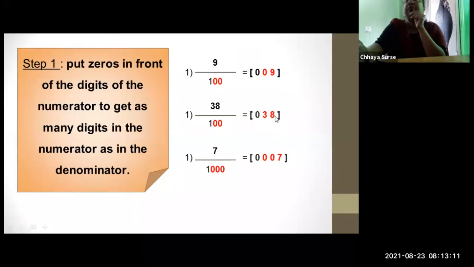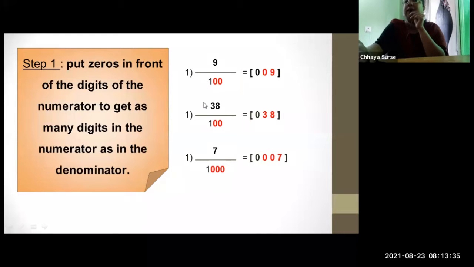Here we want to equal the denominator, that's why we added the 0, making 038. Now is it a 3 digit number? Now the 7 is only 1 digit, and the denominator is 4 digit, that's why on the left hand side we added 3 zeros. Then you can convert into decimal fraction.